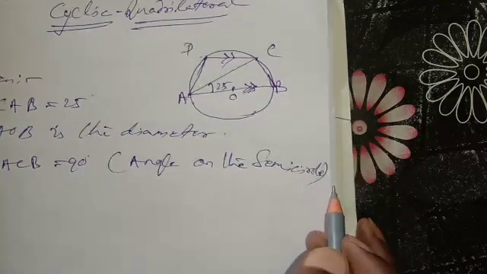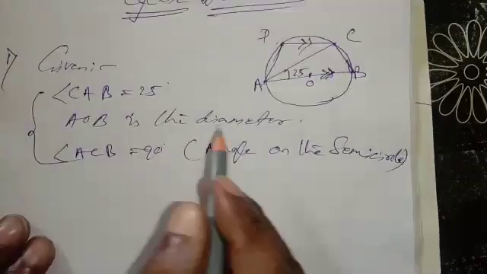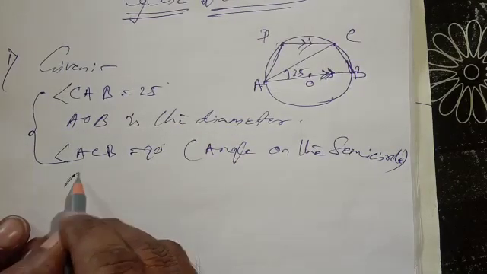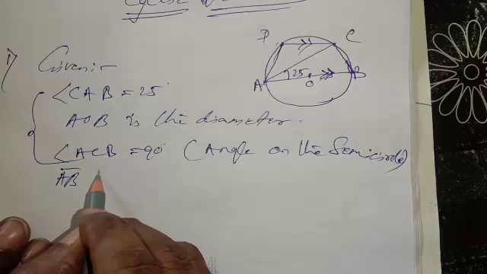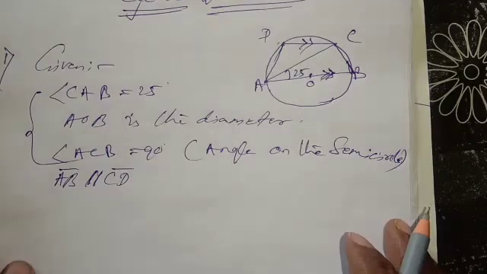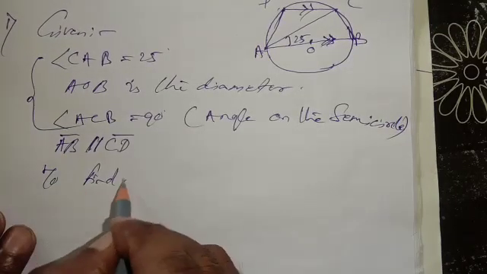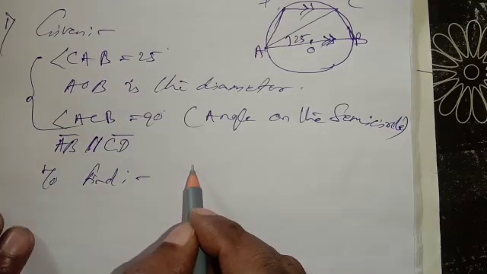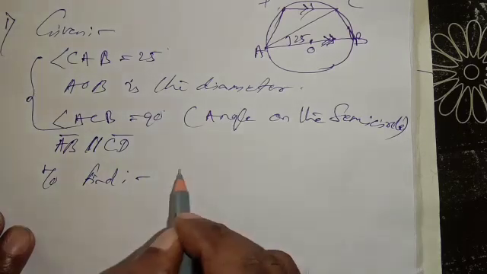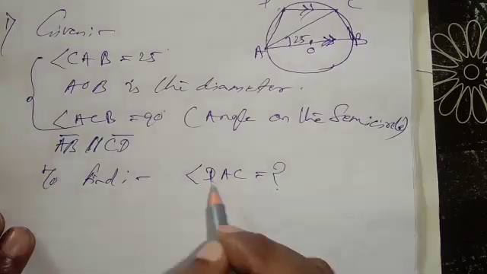Angle on the semicircle is 90 degrees, this is the property. These things are given, and one more thing is given: AB is parallel to CD. You have to find out angle DAC.